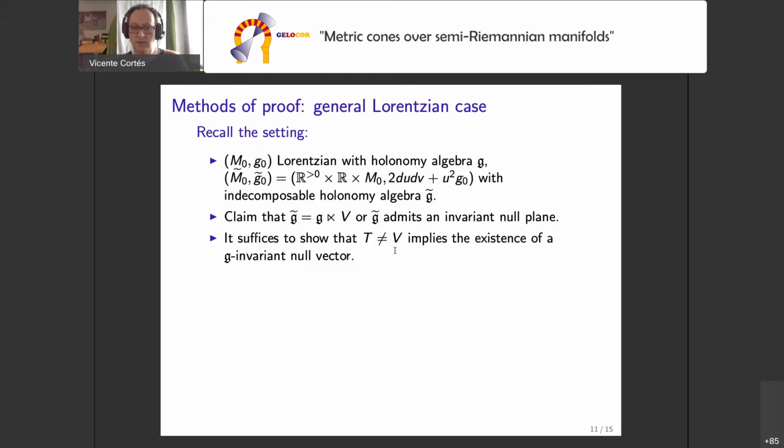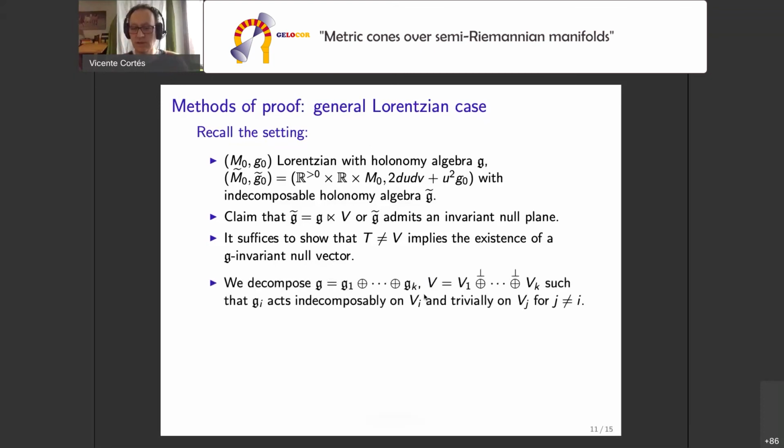And then you get an invariant null plane. So now the vector here is really a null vector. Before we had considered some non-degenerate vector, whose scalar product is not 0, but now we consider a null vector in this Lorentzian setting.